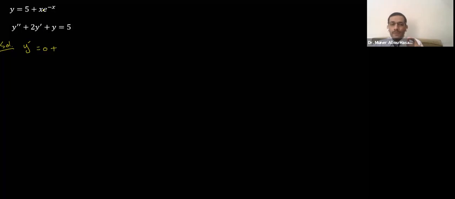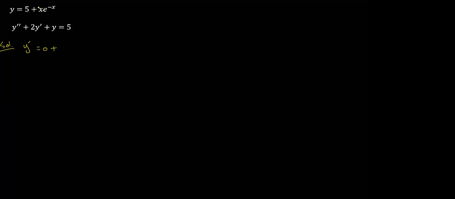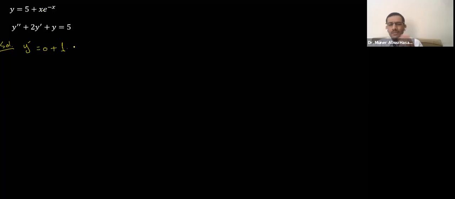The rule of product differentiation: you find the differentiation of the first. So the differentiation of x is 1. Multiply it by the second function, e to the negative x. Plus the first function as it is, x, times the differentiation of the second. What is the differentiation of the exponential? Do you remember, Yusuf?